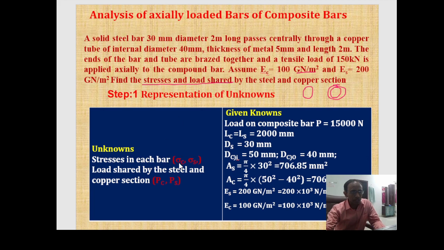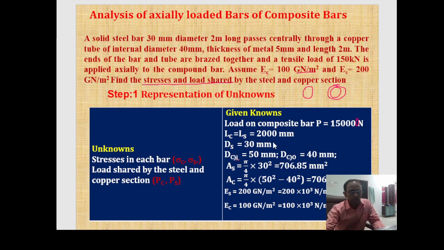So our unknowns are sigma c, the stress in copper, and sigma s, the stress in steel. Then the load shared by the copper is Pc and the load shared by the steel member is Ps. These are the unknowns that we are supposed to find. The known information is that it is subjected to a total load of 150 kilonewton. Actually there is one more zero here: 150 times 10 to the power 3.